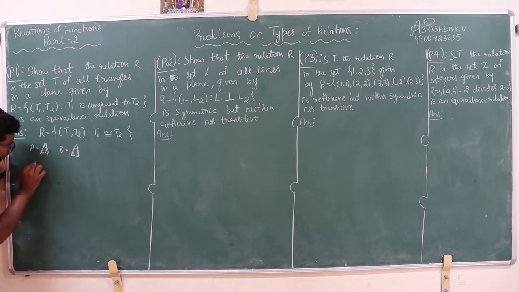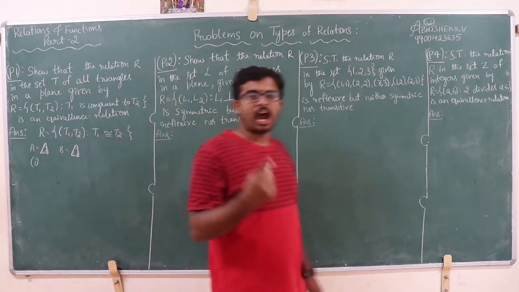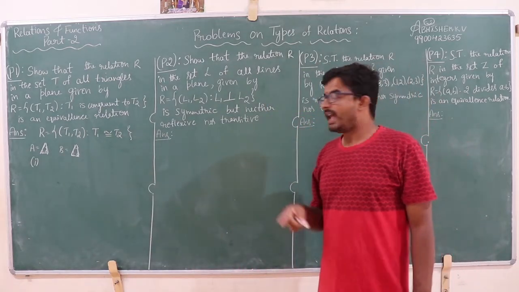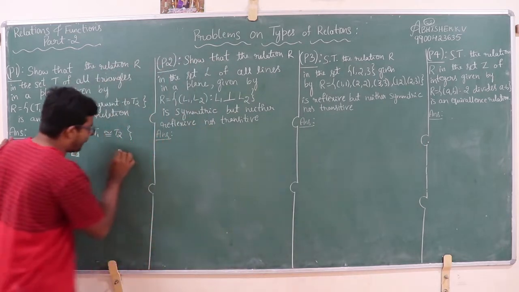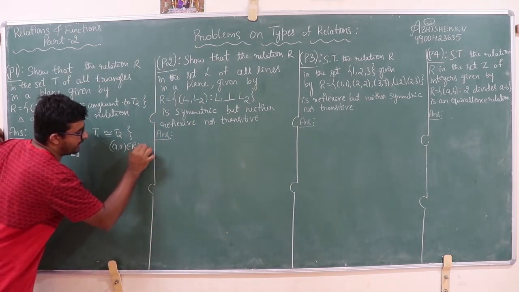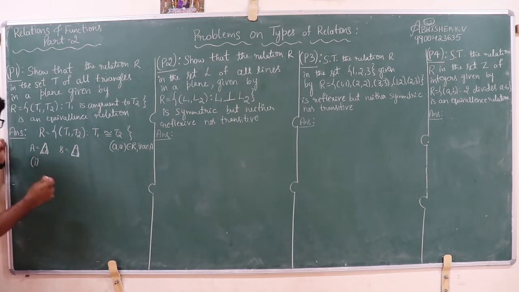Okay. Then for the reflexive property, as you all already know, a relation R on a given set A is said to be reflexive if the ordered pair A comma A belongs to the relation R for all A belonging to the set A. So for the reflexive property we should consider only one triangle.